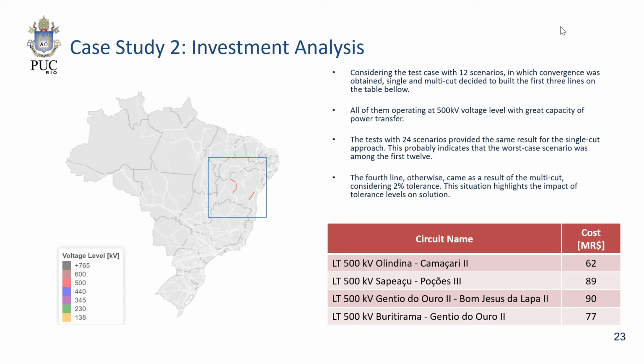If we were to accept the 2% tolerance, the multi-cut for the 24 scenarios would be okay, and then the last circuit would not have been built. So that is 77 million that would have to be added to the investment cost, which is a lot. In a real case, that should be avoided as much as possible.